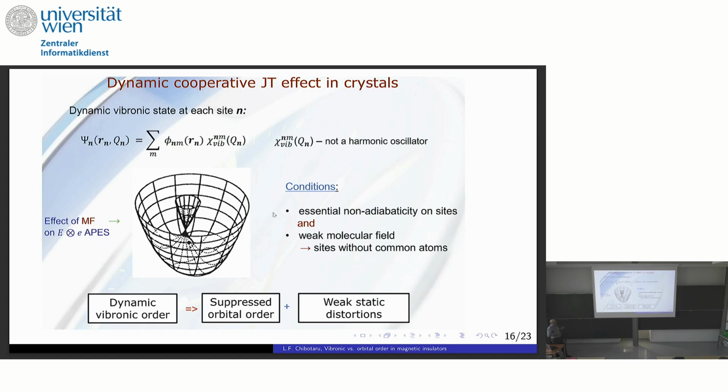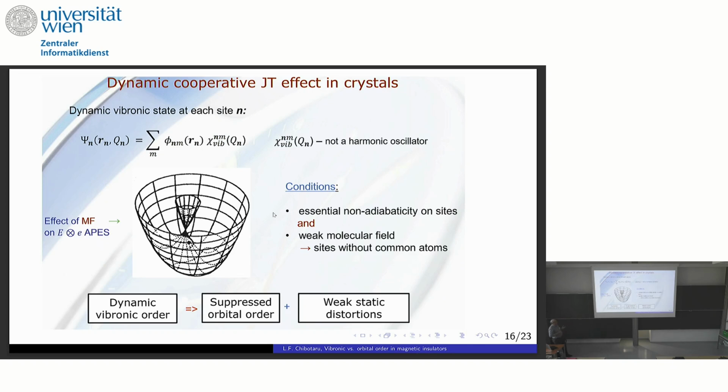In this case, you have dynamical order: even if they order these molecules, they order the dynamical states, not the orbital states, which are fixed in one position, the electronic state, but the entire dynamical vibronic states. The orbital order is practically suppressed, and the static distortions are very small. They don't correspond to the radius of the trough, because when you average over this motion, the average Q will be very small. So this is a fingerprint of dynamical order.